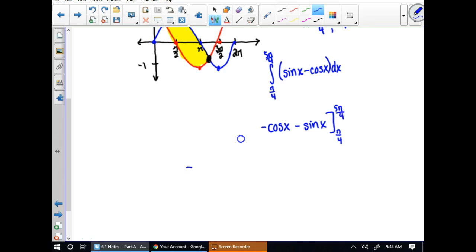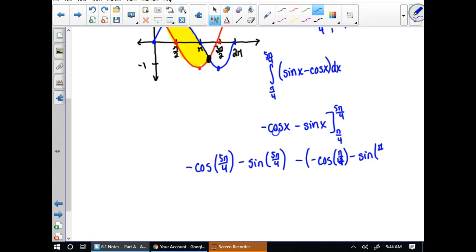So we're going to end up with negative cosine of 5 pi over 4 minus sine of 5 pi over 4, minus negative cosine of pi over 4 minus sine of pi over 4.